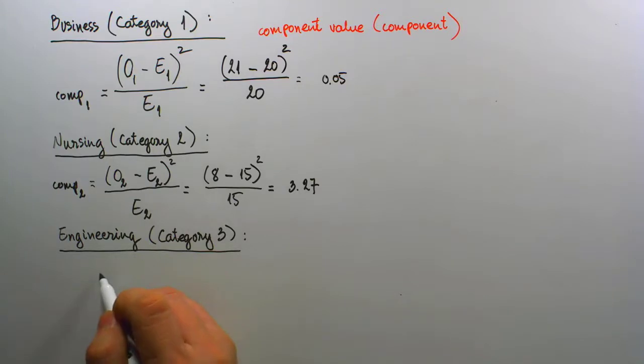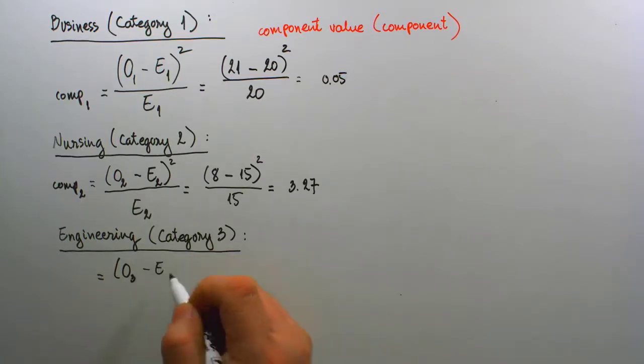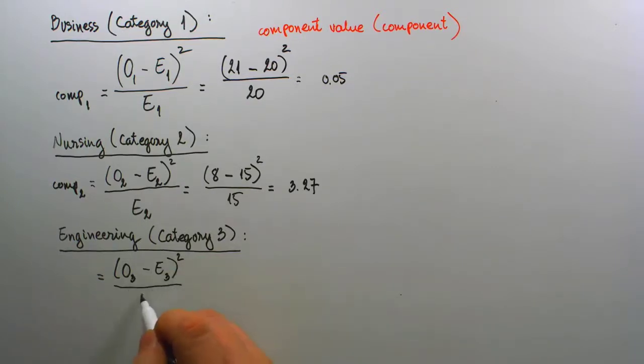Then again, from our observed count, symbolically O3, I am going to subtract the expected count, symbolically E3. Square that difference and divide that by E3. We refer to this as the component value, COMP3, components 3.